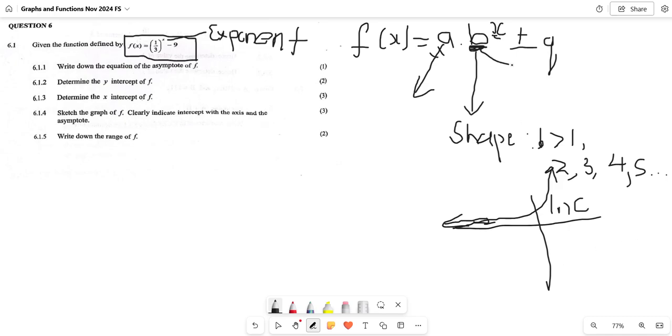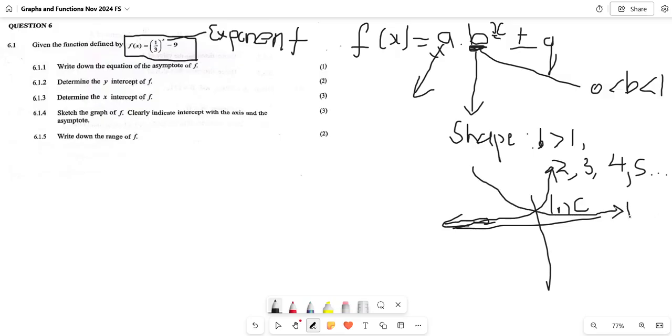Now, if the value of b is greater than 0 but less than 1, meaning that b is a fraction, then we are going to have a decreasing exponential curve. It starts upwards and goes down towards the asymptote.